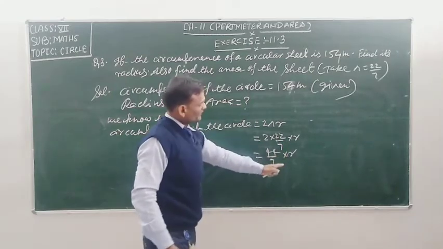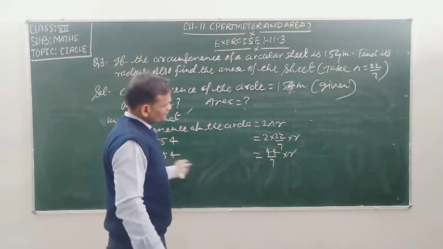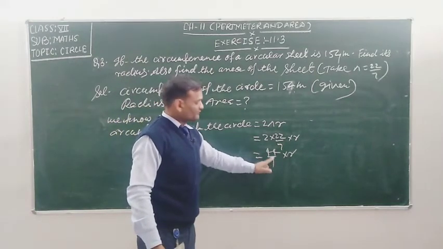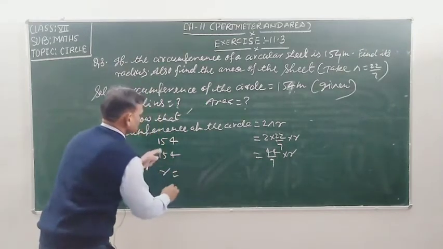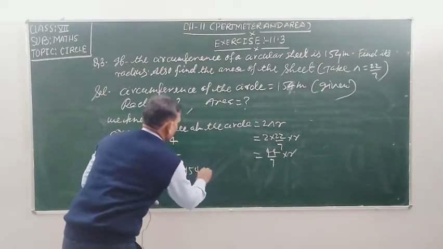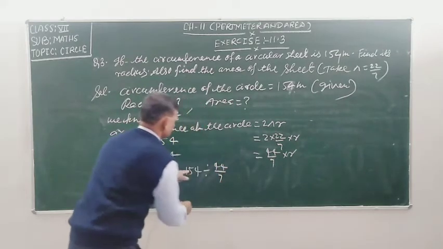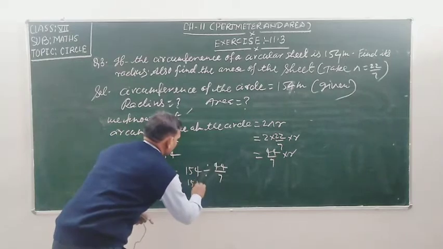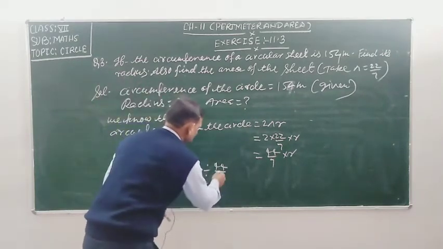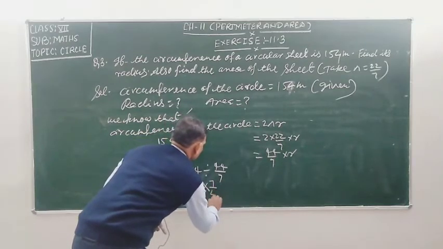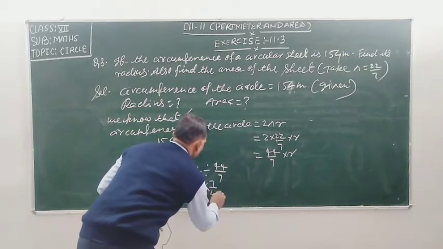So we need to find out the value of r. So we have to transpose 44 upon 7 to the left side. So we have to divide. If on the right side r is multiplying, so r is equal to 154 divided by 44 upon 7. You know how to divide two fractions, so r is equal to 154 into 7 upon 44.